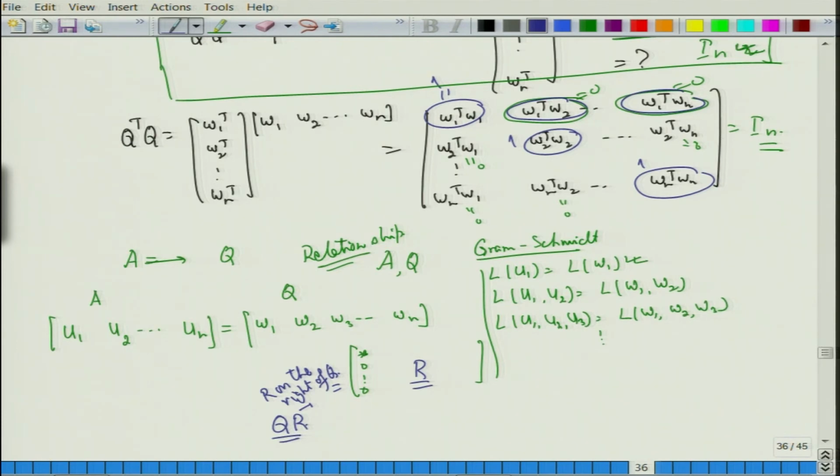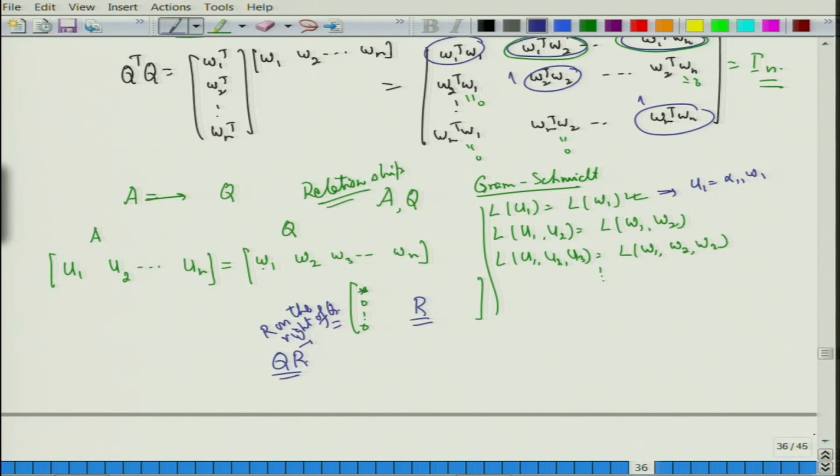So I am multiplying a star to W1, 0 to W2, 0 to W3, and so on. Since the linear span of U1 is W1, U1 is equal to some alpha 1 times W1. So the R matrix has alpha 1 here, then 0 0 0.